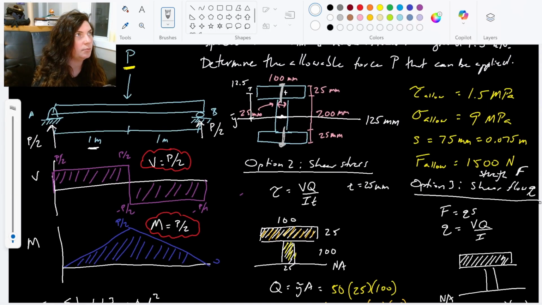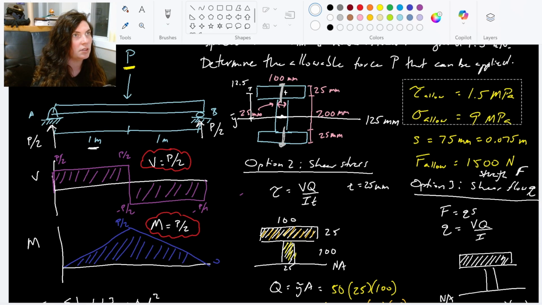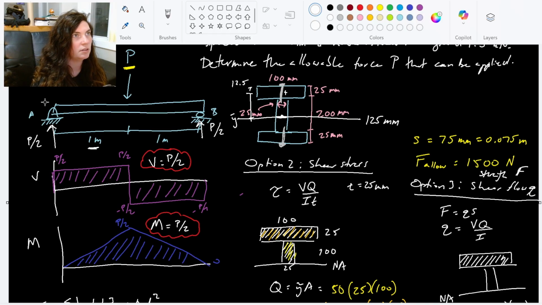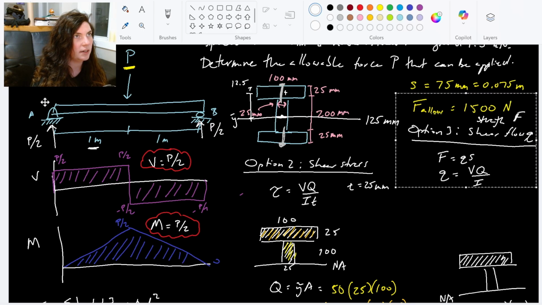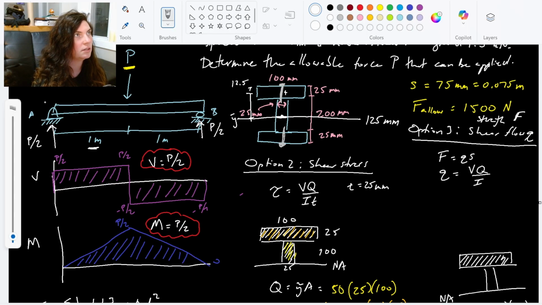Let's move these guys. I don't need these anymore. But I do want the S and the F. All right, let's go ahead and calculate our shear flow value. Shear flow, the lowercase q, is the allowable shear strength over the spacing, the distance between them.